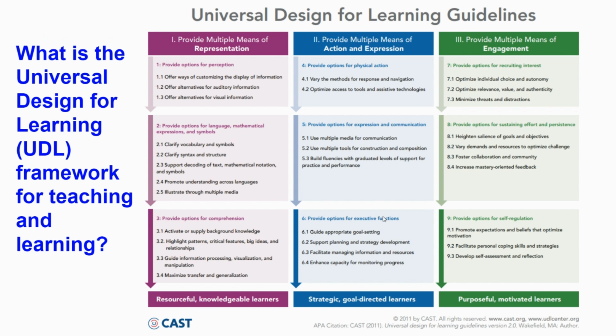So what do we mean when we say that UDL is a framework for teaching and learning? So in front of you are the UDL guidelines. This is the UDL 2.0 guidelines, which is a graphic organizer. It looks a little bit different than the 3.0, but it's all the same content. We just prefer the 2.0 for our purposes. So the framework for teaching and learning called UDL is a neuroscience-based framework for approaching reducing barriers to student success.